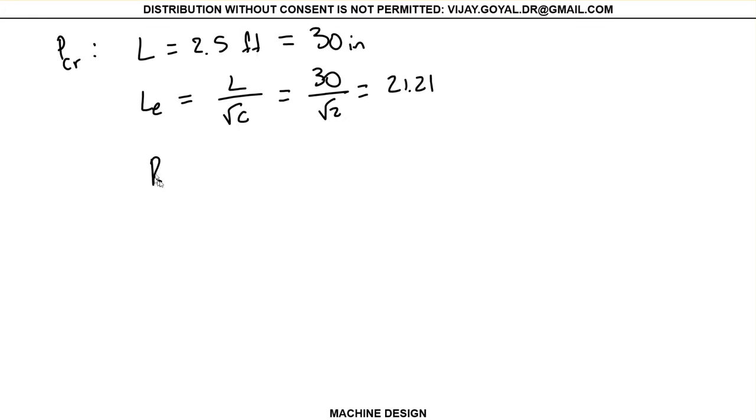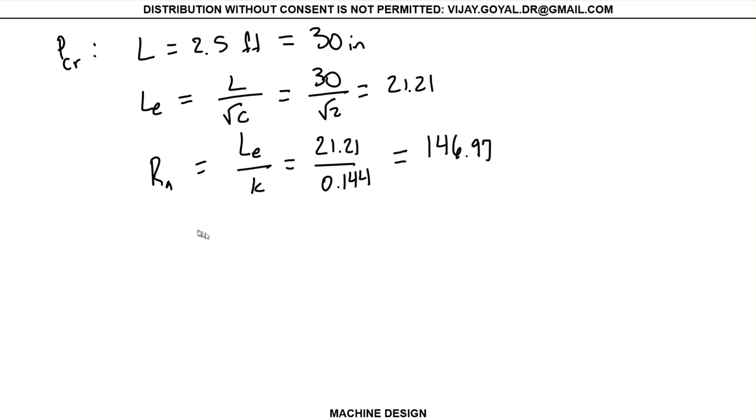Your actual slenderness ratio is LE divided by radius of gyration. So that gives you 21.21 divided by 0.144, and that gives you 146.97. So you can see that your RA is actually bigger than RC.